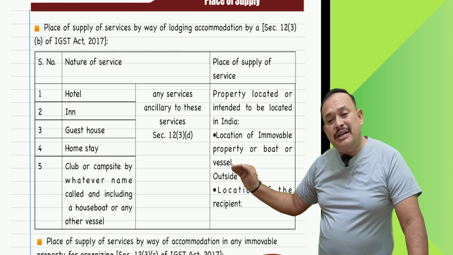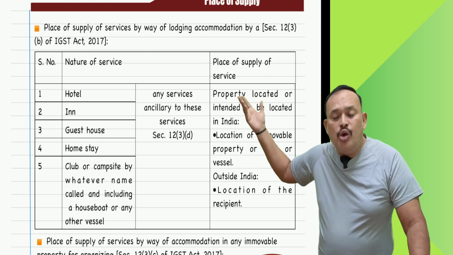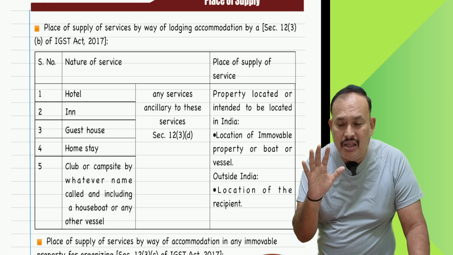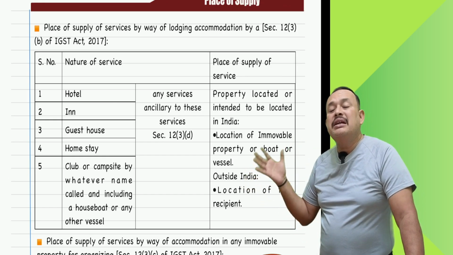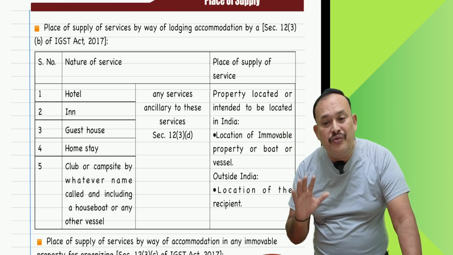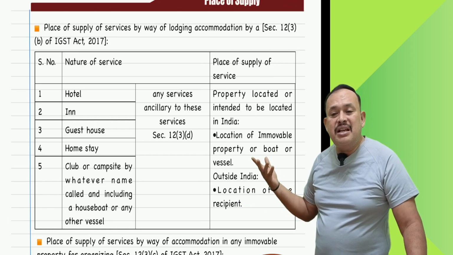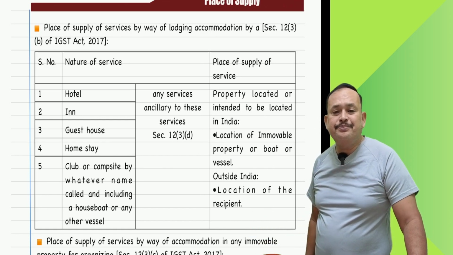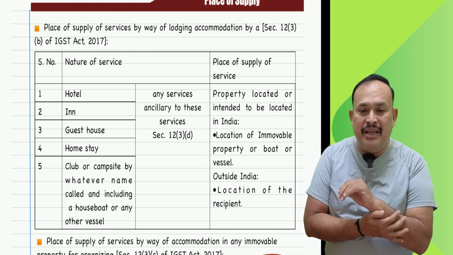If the property is located or intended to be located outside India, the location of the recipient is the place of supply. In case of a houseboat, where the boat is located is the place of supply. In the case of a vessel, where the vessel is located is the place of supply. If the vessel or boat is located outside India, the location of the recipient is the place of supply. Section 12, subsection 3, clause B.